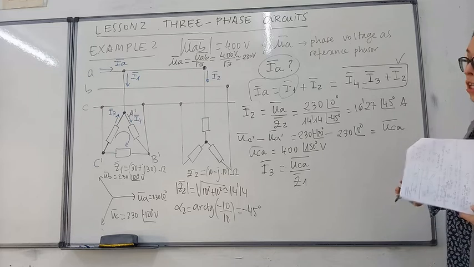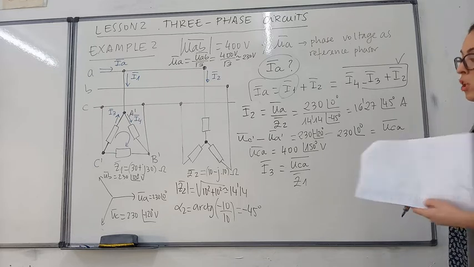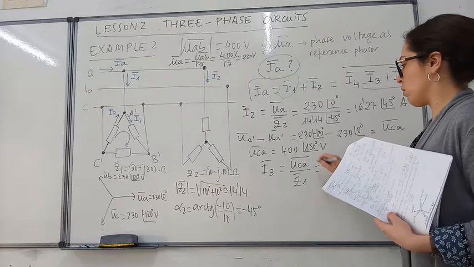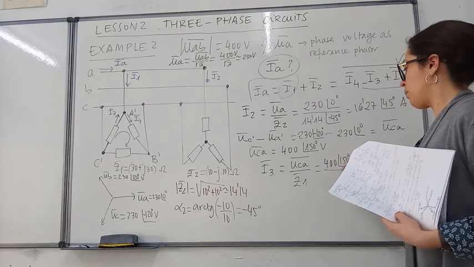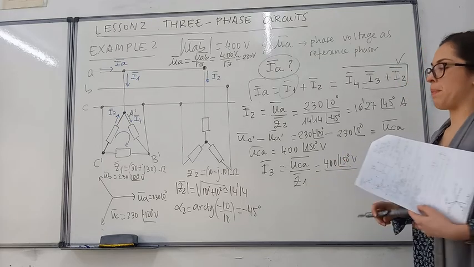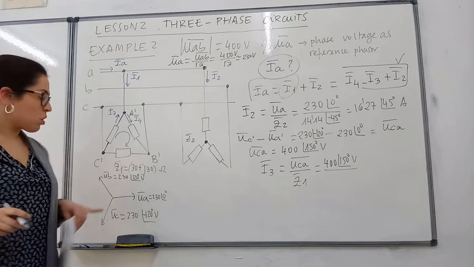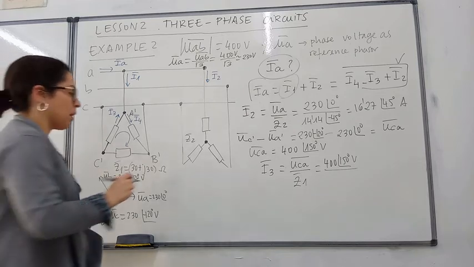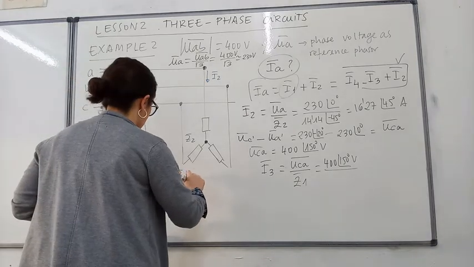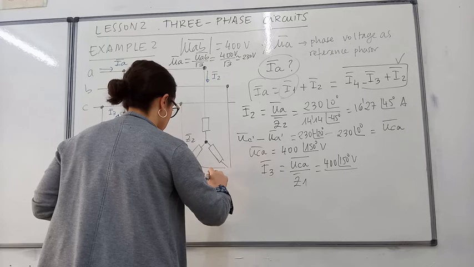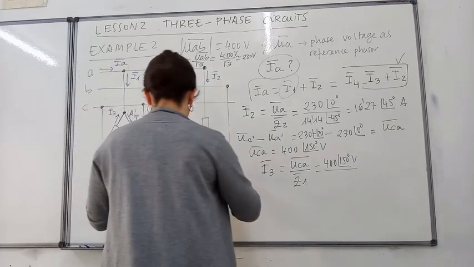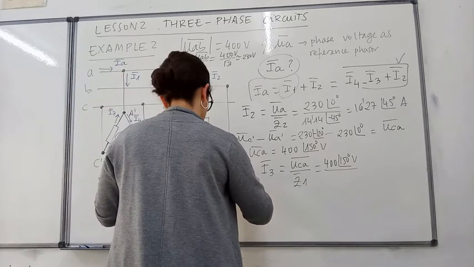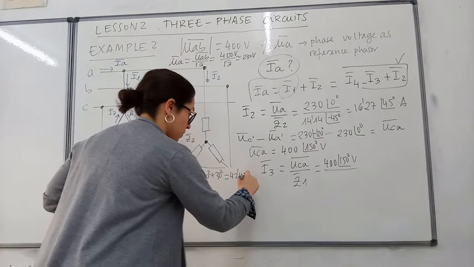So now we need to change impedance 1 to polar notation, because we already have the numerator of this expression, but we don't have the impedance. In order to express impedance 1 in polar notation, we need its absolute value, which is 42.43 ohms.